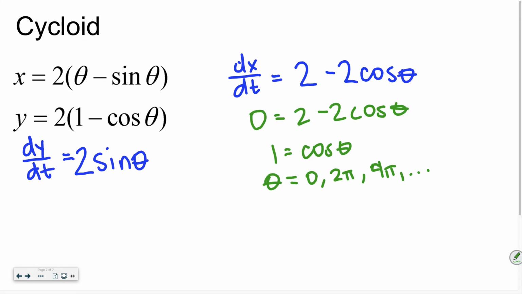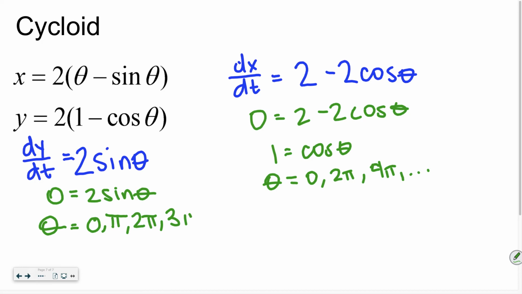Yeah. Okay. How about when we set dy dt equal to 0? When is the sine of theta equal to 0? This would be all the pi's, right? And cosine equal to 1 would be all of the 2 pi's.